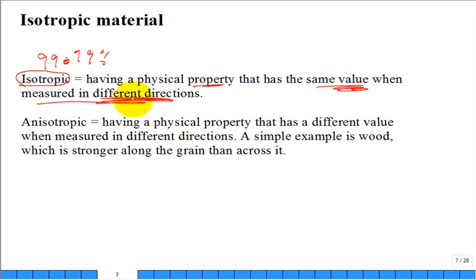It does not change because of the direction at a location. Okay. Well, what's the opposite of that? If you have anisotropic material, that would mean the property of interest changes depending on the direction at that location.